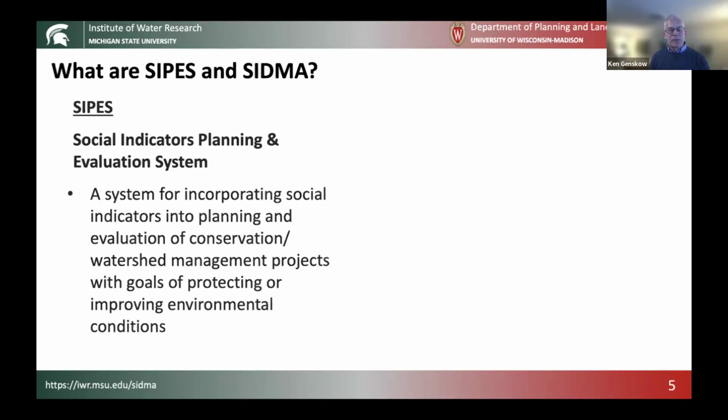And then SIPES or SIDMA, you've already seen these acronyms a couple of times now, so we'll just reinforce this. SIPES is the system. It's the Social Indicators Planning and Evaluation System. This is what we've designed for incorporating social indicators into the overall planning and evaluation of conservation and watershed management projects that have goals for improving or protecting the environment.